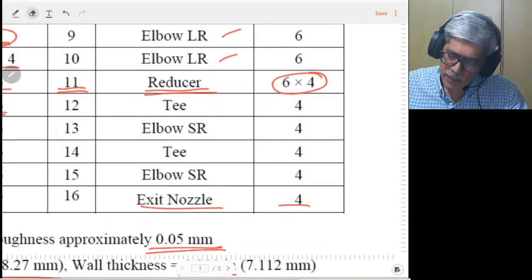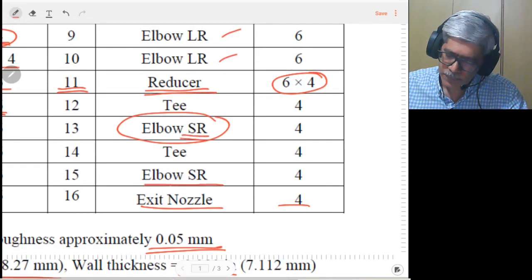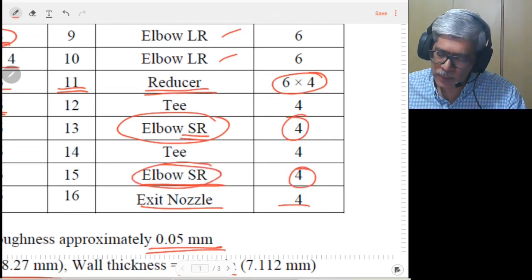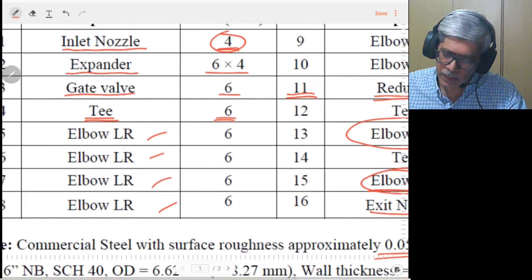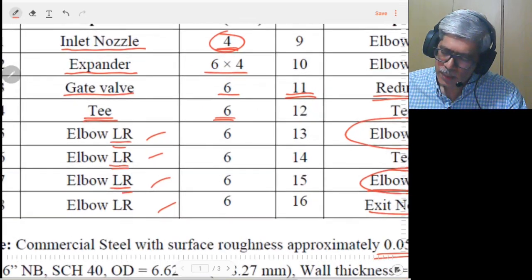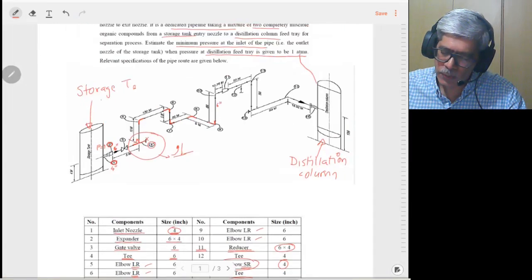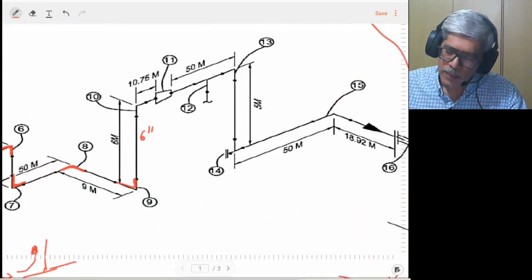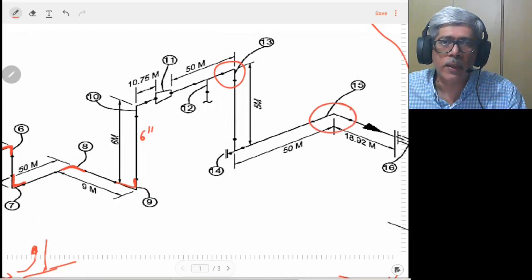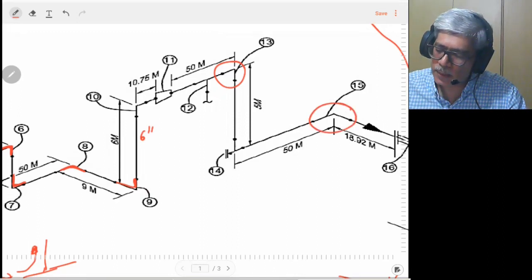If you look, they are the SR elbows of 4-inch size, and there are two in number. That is different from the earlier elbows, which were LR, whereas these elbows are SR elbows, two in number. Those elbows occur one here, another here. So we have to calculate for SR elbows what is the equivalent length, 4-inch size.